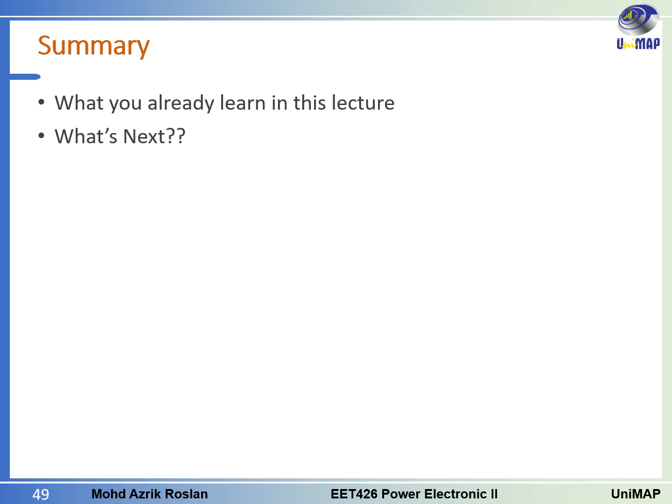In summary, what we covered in this lecture is that we reviewed the DC to DC converter topologies, then we learned the analysis of the isolated forward converter, and then we learned about the leakage inductance and its effect on the forward converter.